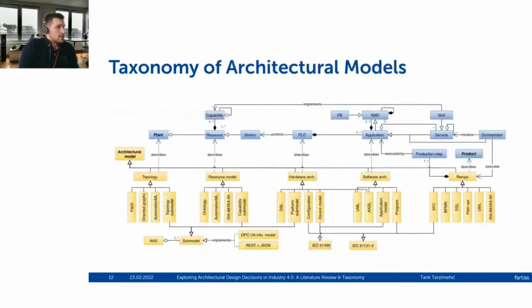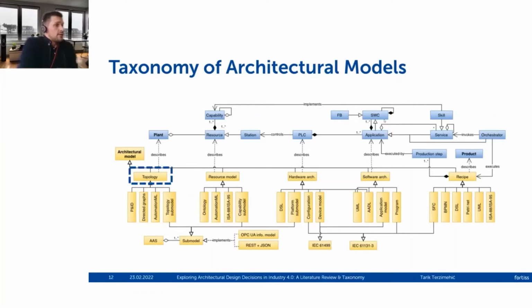So first I speak about the architectural models. This is the first major topic in this taxonomy, and I will explain this taxonomy by describing a plant, and then I will try to explain what each dimension means. So we see here the plant in the upper part in blue, and below are the architectural models that we can use to describe different parts of the plant, and also some implementation models below.